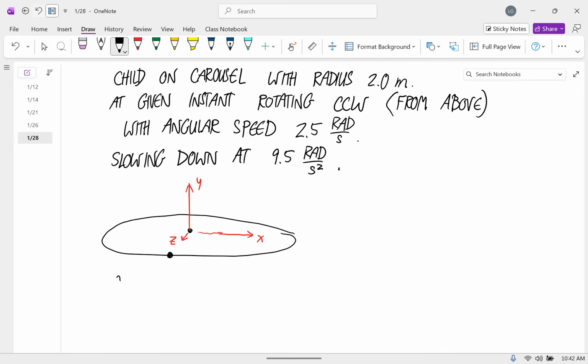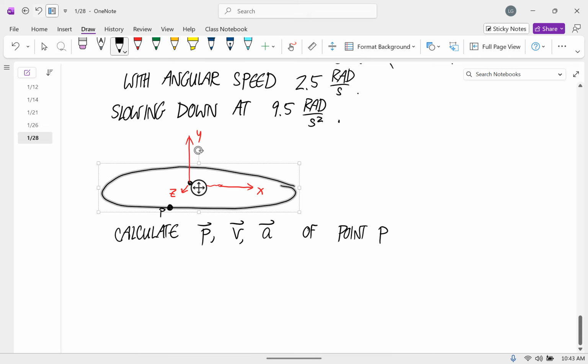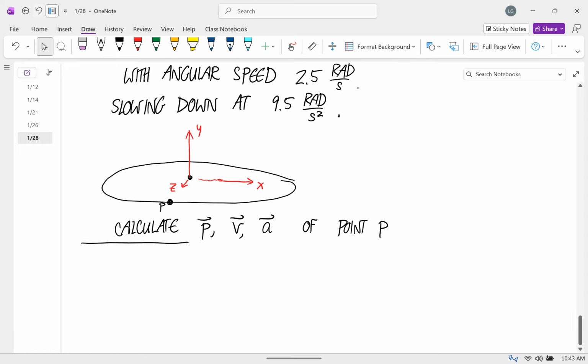So let's calculate the position vector, the velocity vector, and the acceleration vector of that point P. Okay, so the position vector at this instant, you can see that this thing has a radius of 2 meters.